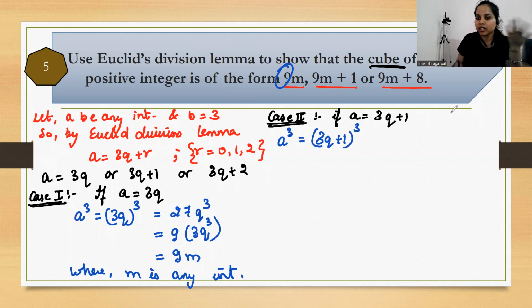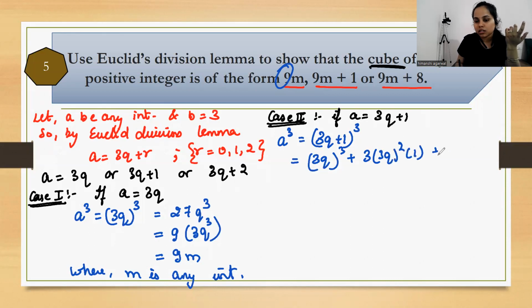And you know the identity of a plus b whole cube, it is a cube plus 3a square b plus 3ab square plus b cube, right? So let's put the value. It will be 3q cube plus 3 into 3q square multiplied by 1 plus 3 into 3q multiplied by 1 square plus 1 का cube. Correct?